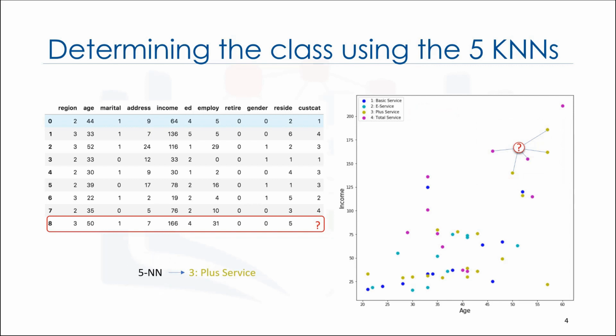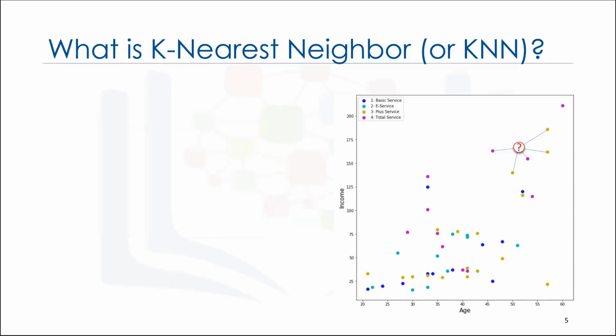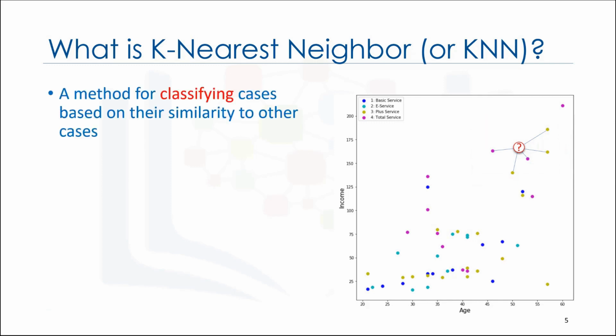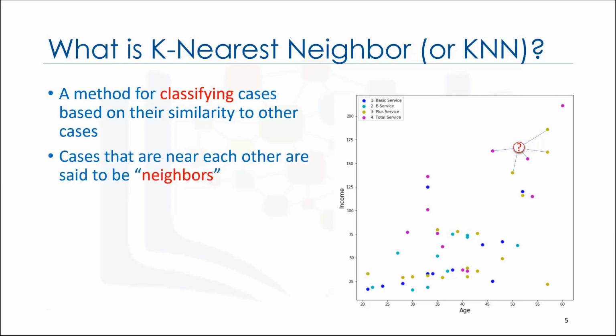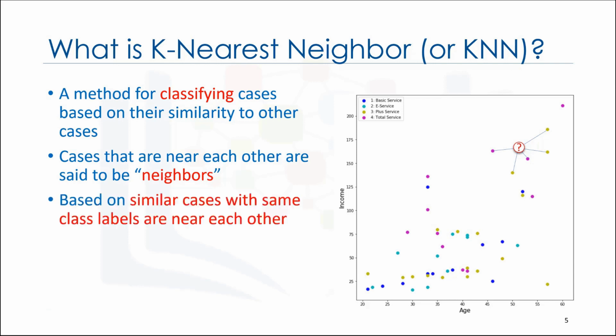Now, let's define the K-Nearest Neighbors. The K-Nearest Neighbors algorithm is a classification algorithm that takes a bunch of labeled points and uses them to learn how to label other points. This algorithm classifies cases based on their similarity to other cases. In K-Nearest Neighbors, data points that are near each other are said to be neighbors.